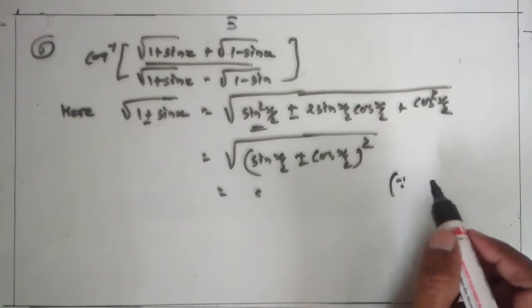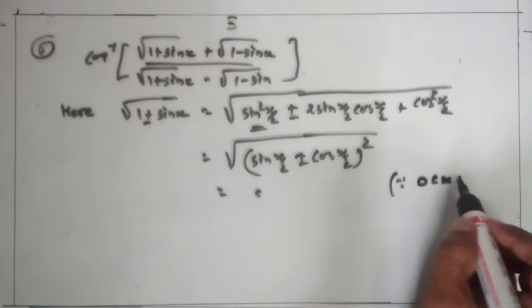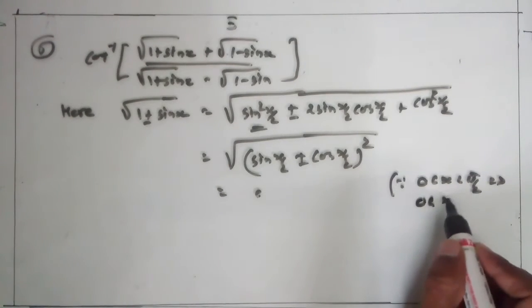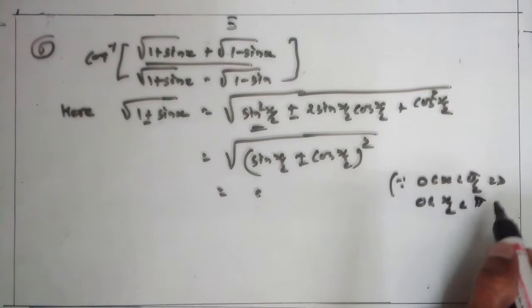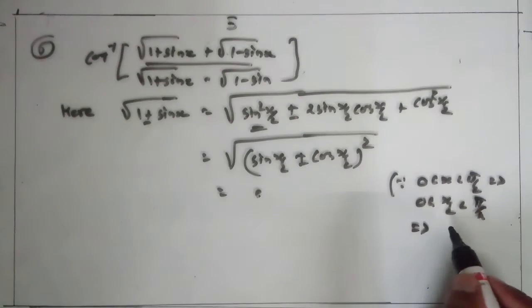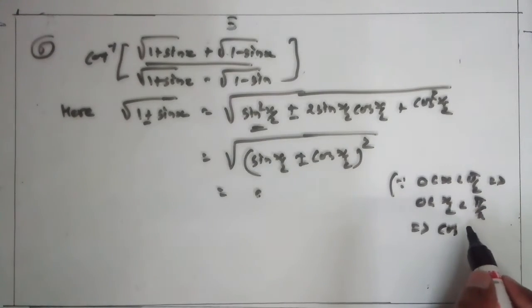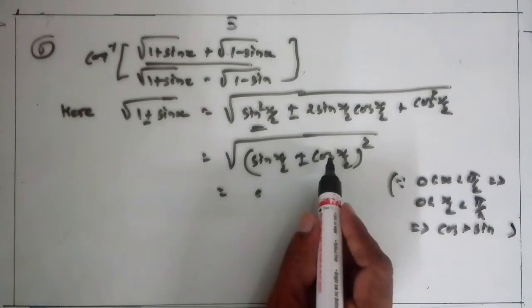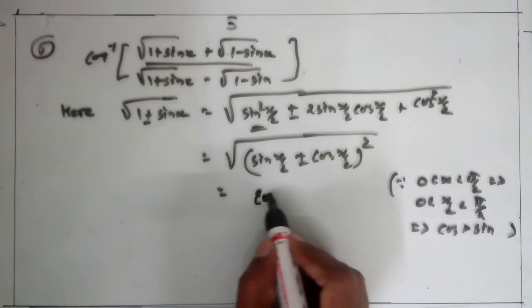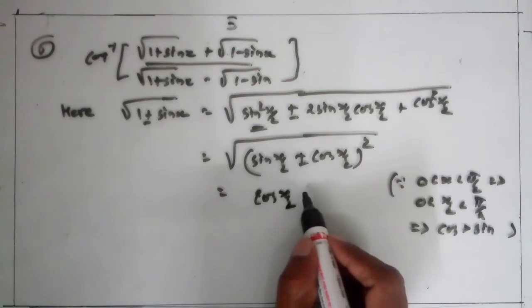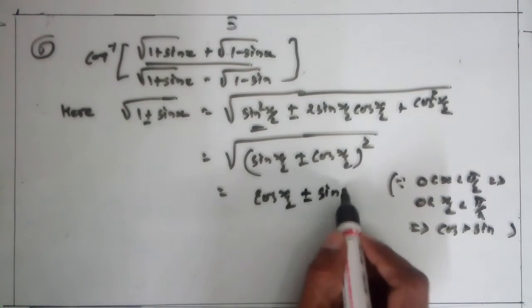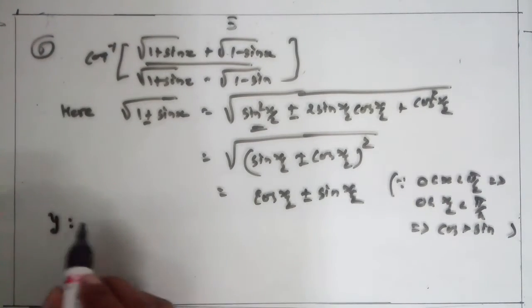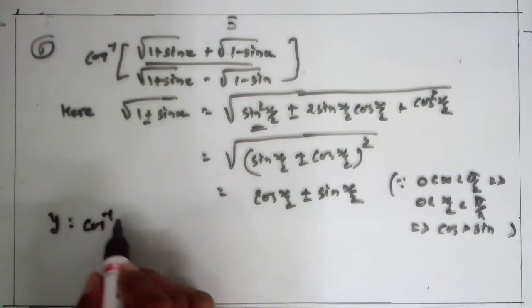But in this case 0 < x < π/2 is given, so x/2 lies between 0 and π/4, and in 0 to π/4 cos is greater than sin. So we subtract the small from the big terms: cos x/2 minus sin x/2. So y becomes cot inverse.